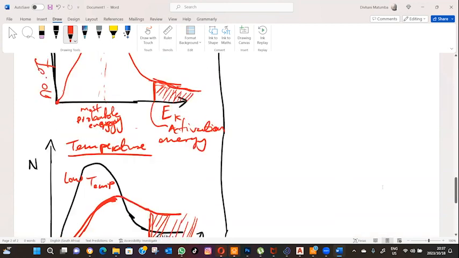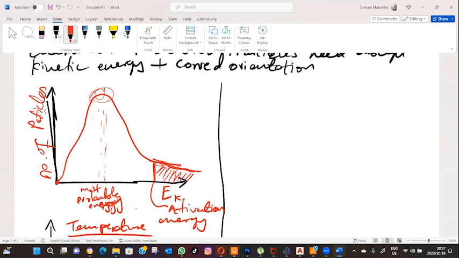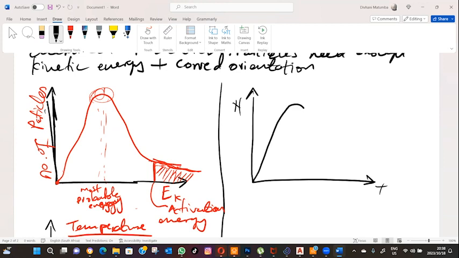Then now, what happens if you put a catalyst? This is the activation energy without a catalyst.